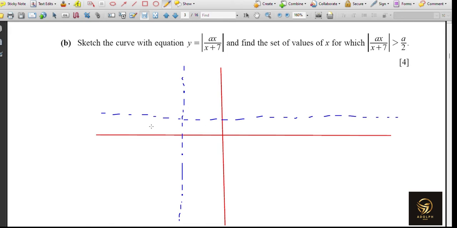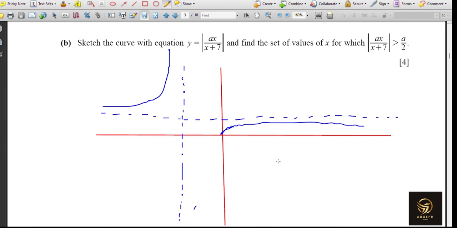Whatever the values are there for y greater than 0, that will remain the same. So this part is not going to be affected. But this one, previously we had some part like this, won't be there, because if y is a modulus, it will have only positive values, it will not have negative.